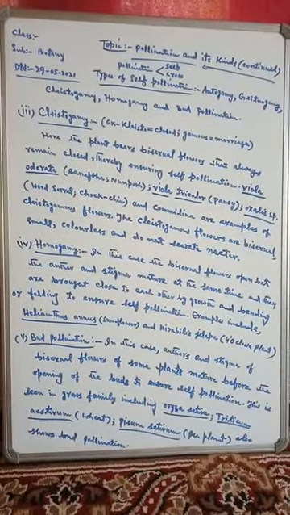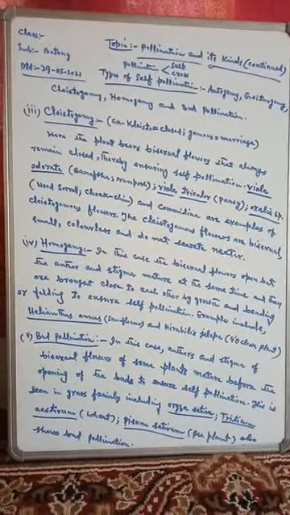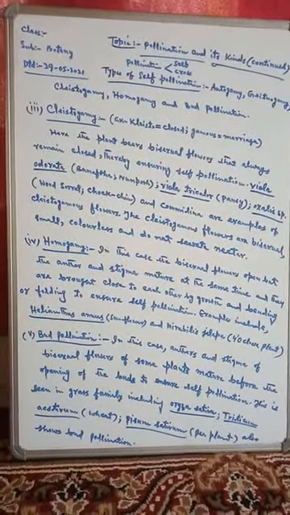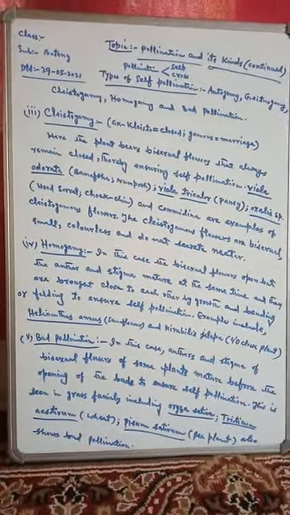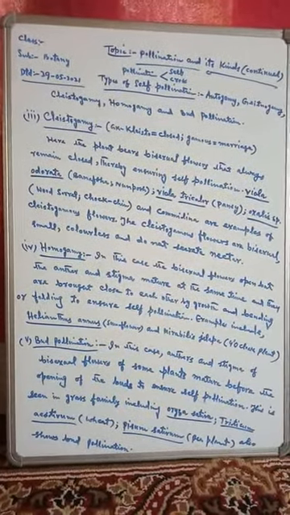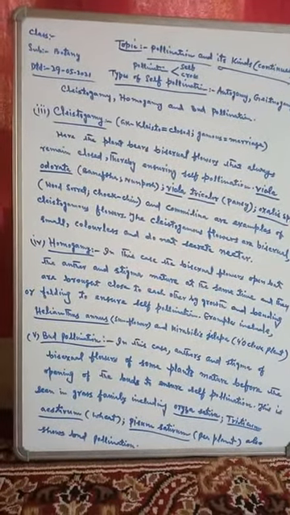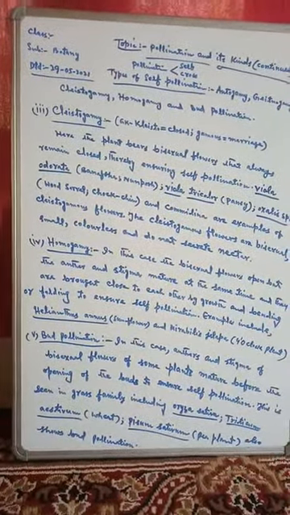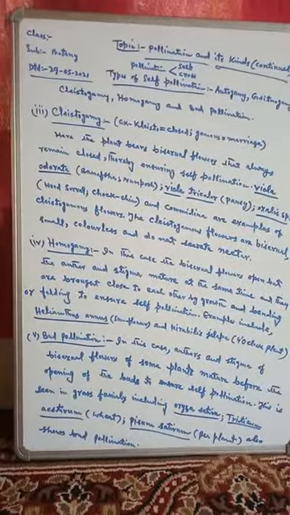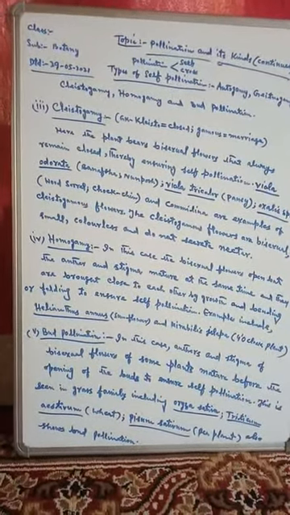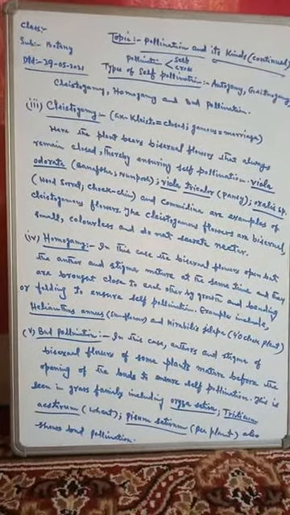You should remember that in calistogamy, the plants have bisexual flowers, that is both male and female parts are found in the same flower, and those flowers always remain closed, they do not open, thereby facilitating self-pollination.